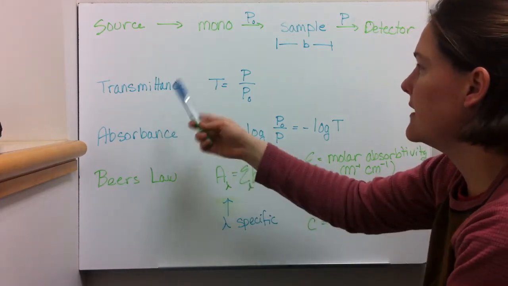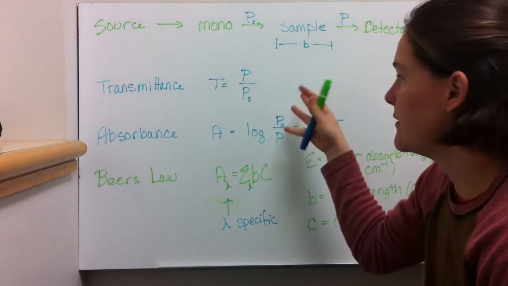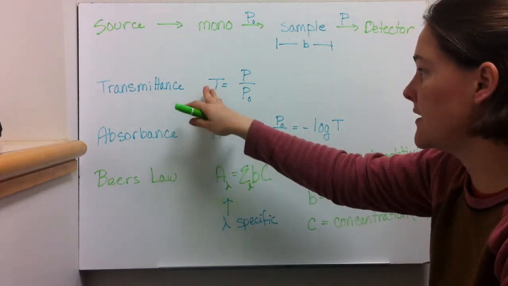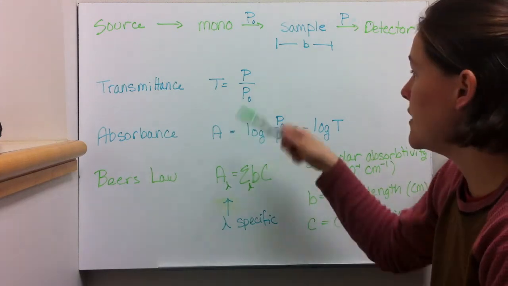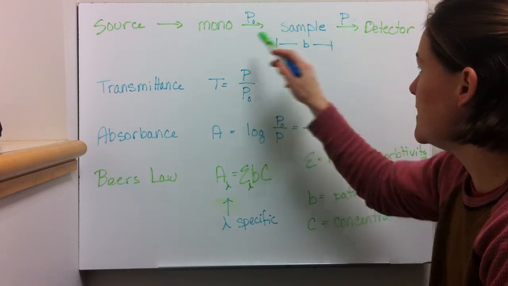So we can describe the interaction of this beam with the sample in a couple of ways. We can think about the percentage that's transmitted, or the amount of light that's transmitted through the sample. So basically P divided by P0.